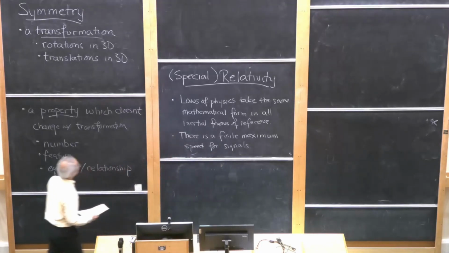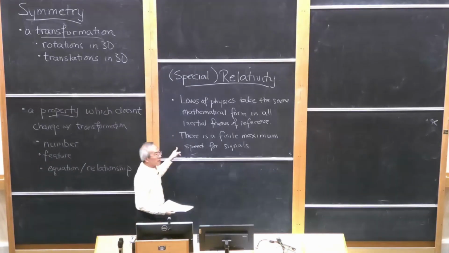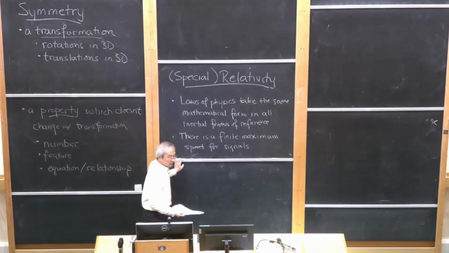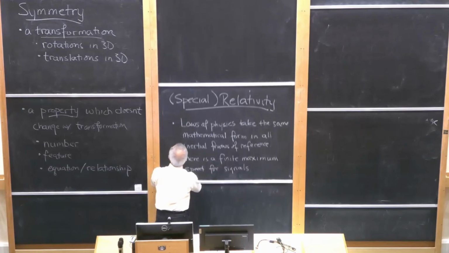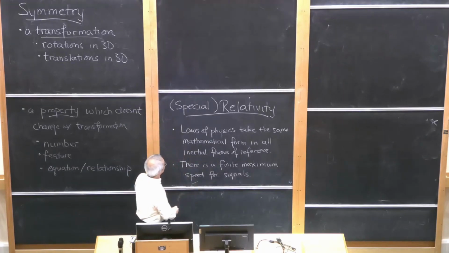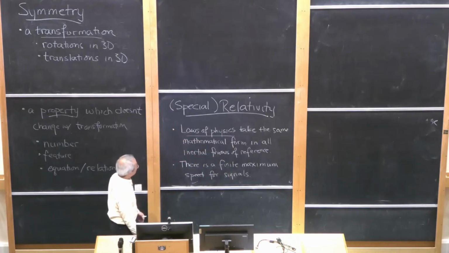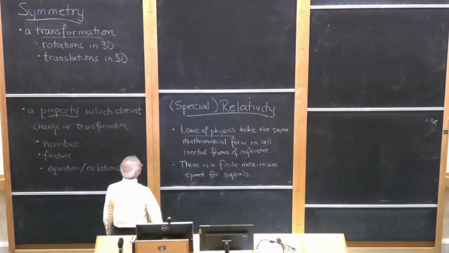Now, how do we see the relationship between the two? Well, guess what? Both of these two statements are statements of symmetry. Because, right, we said that there is a property. So here we have laws of physics, okay? And then we have the form, which doesn't change.